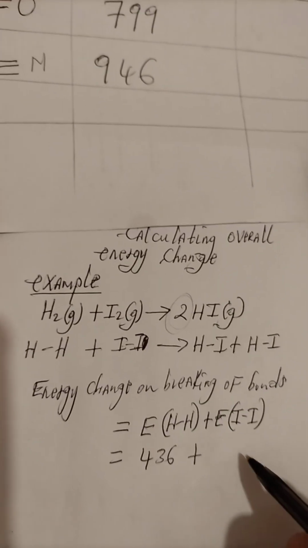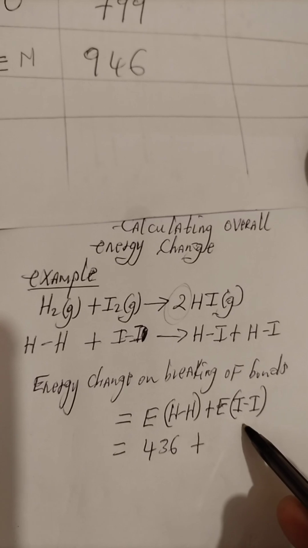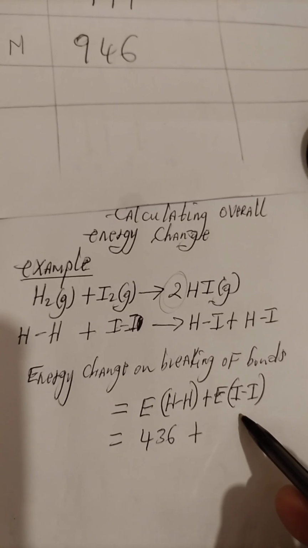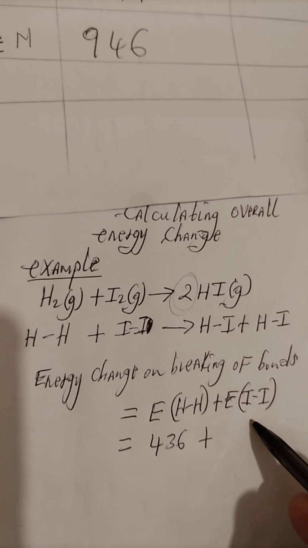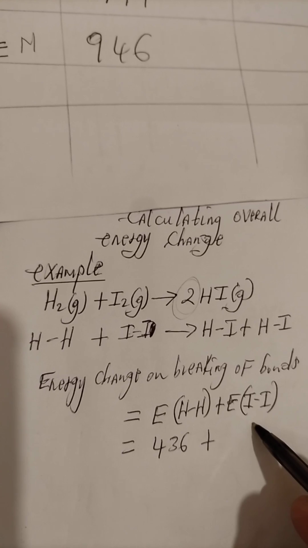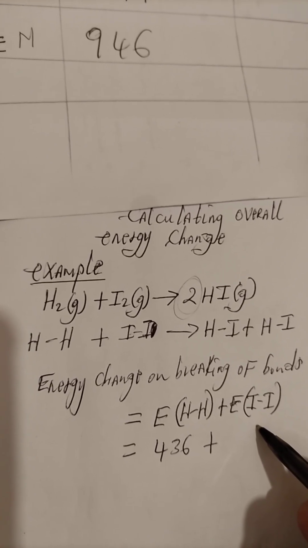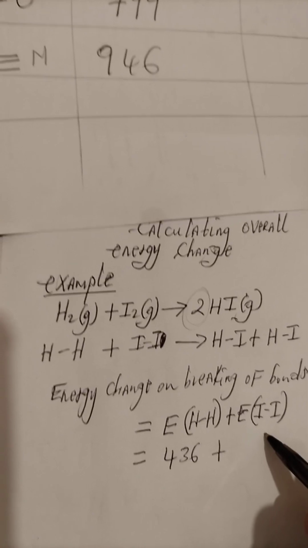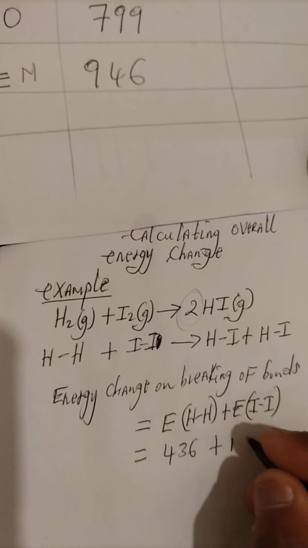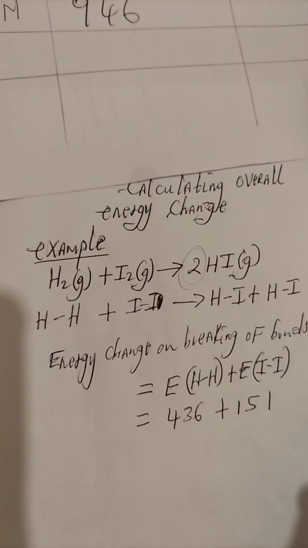Then when it comes to the iodine, we go back to the table again and check. Unfortunately, I do not have the iodine in that table, but I'm using another table on my wall. That one requires about 151.